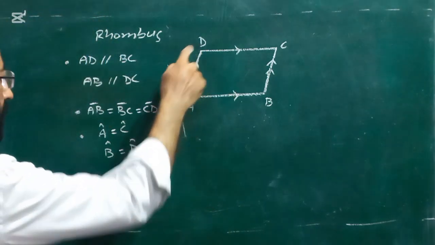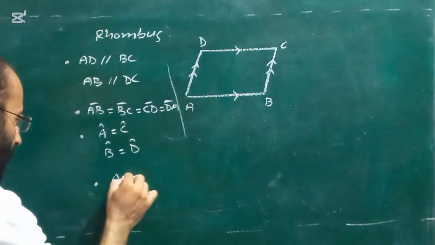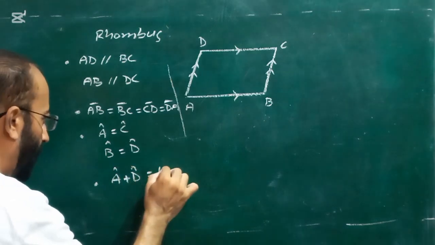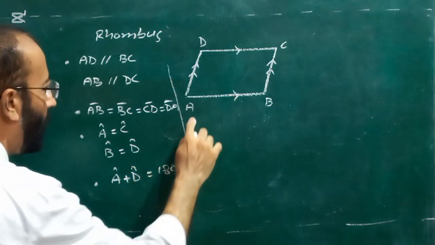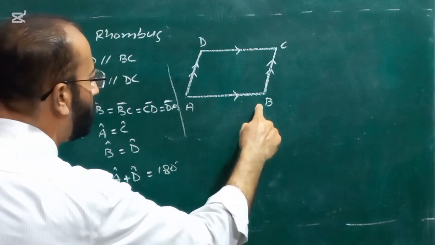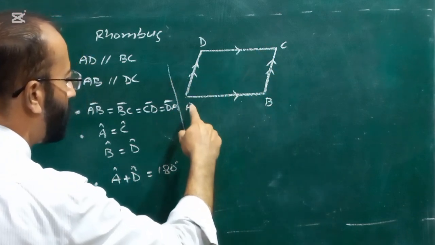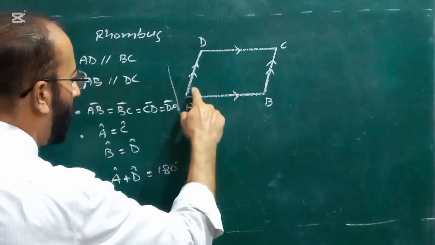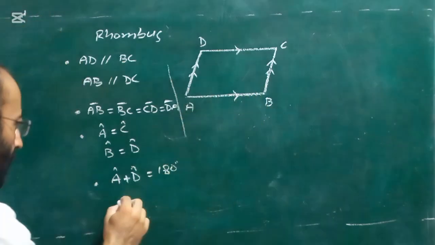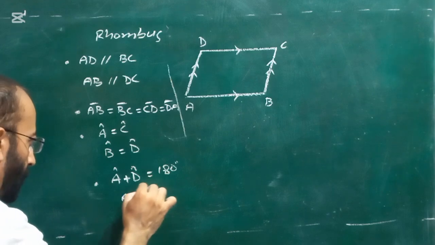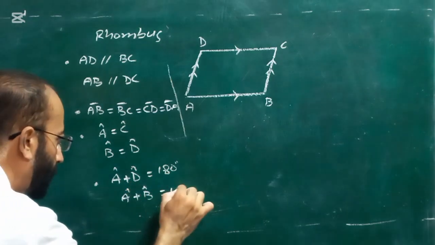So it means A plus D will make 180 degrees. Likewise, A plus B. These are also the parallel lines. This is the transversal line. So A plus B, actually these are interior angles, so A plus B will also make 180 degrees.